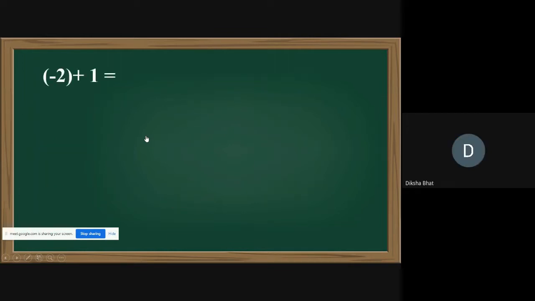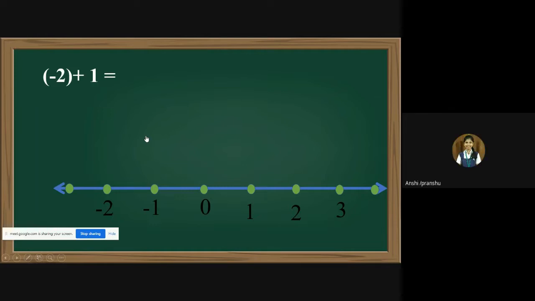Now, solve these problems using the number line. What is the first step? To mark the numbers on a number line. Yes. Then, which is the first integer? Negative 2. Okay. So, on which side will we move from 0? Left. Yes, correct. And which is the second integer? 1.